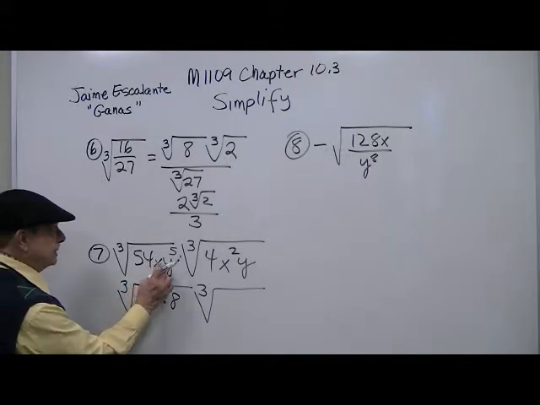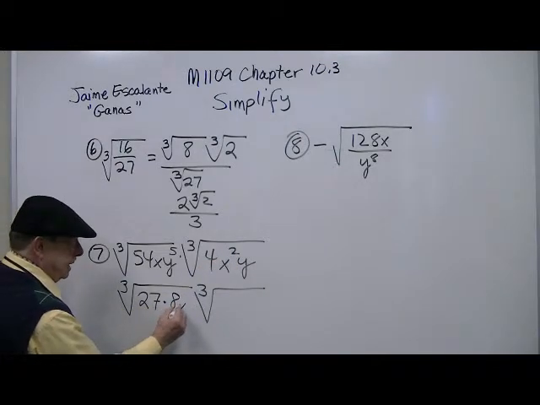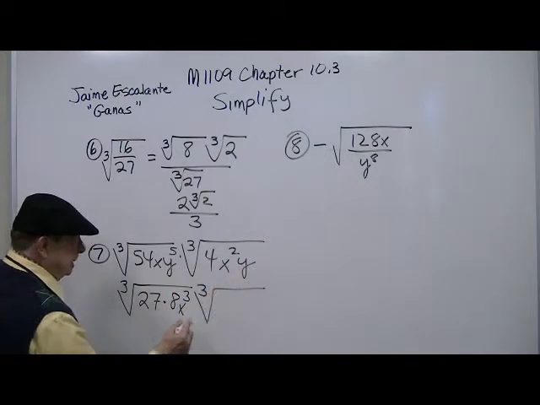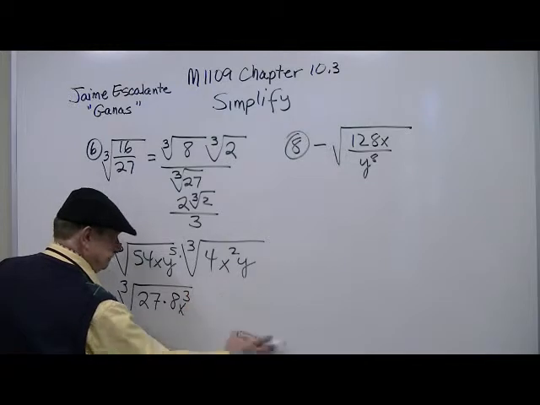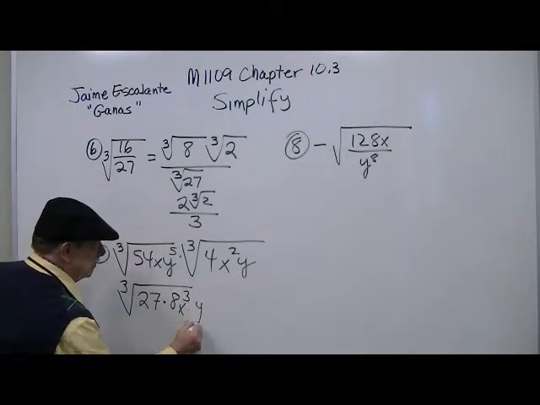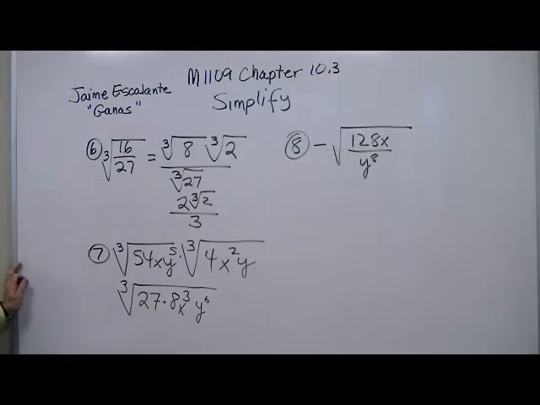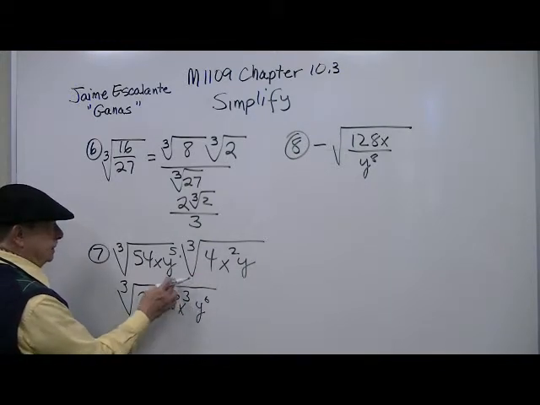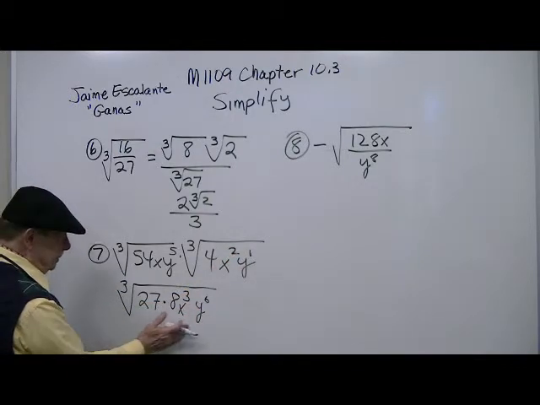And then now x to the first, x to the third, that gives me x to the third. And this gives me y to the sixth. I guess I don't need this one at all. So by bringing this 2 over here, I get x to the third. y to the fifth and a 1 gives me y to the sixth. These are perfect cubes.